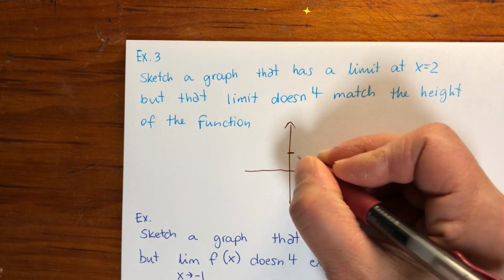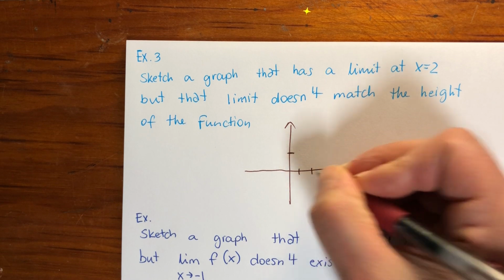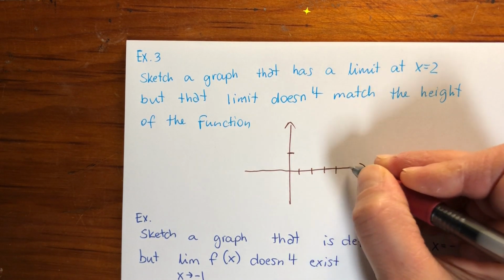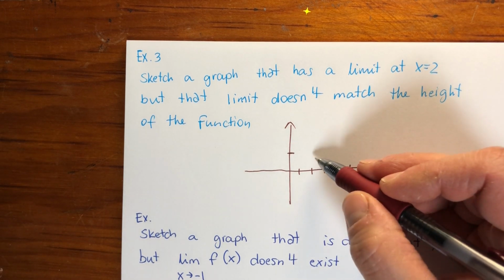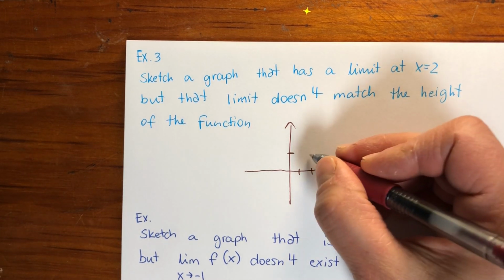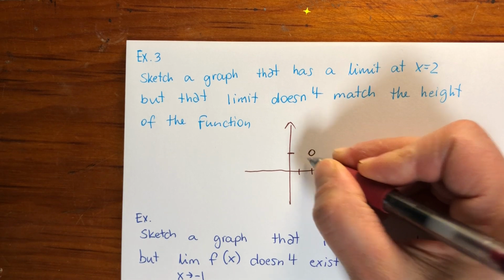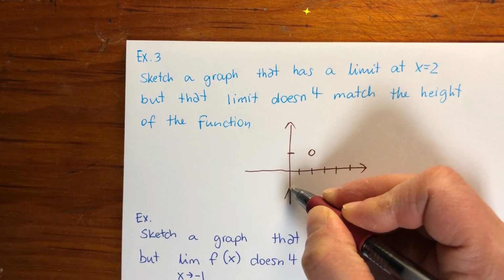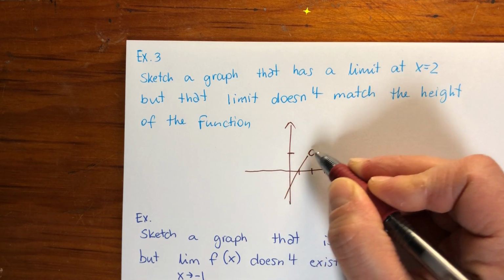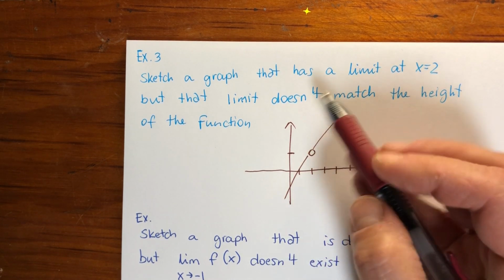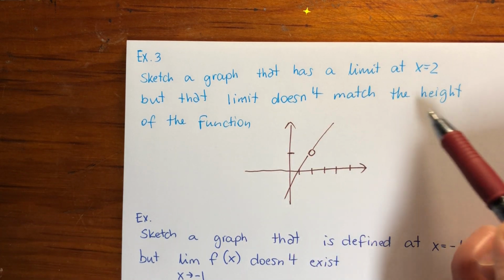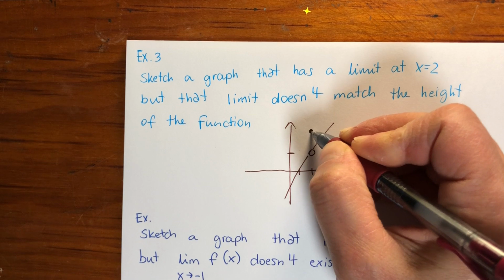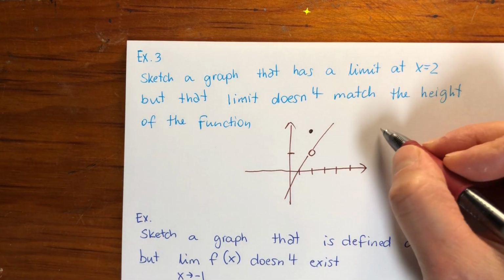So if this is, well, we can do whatever we want, 1, 2, 3, 4, 5. So if I want the limit to be 2, so I may put a dot in here. I am just going to make a linear function. Why not? But then the limit does not match the height of the function, so the value of the function, well, I'm going to put somewhere here. Notice this is true.